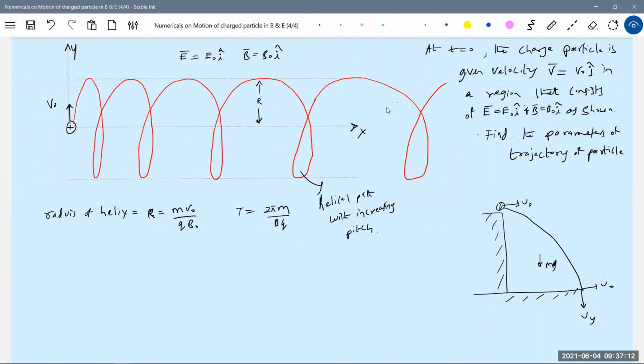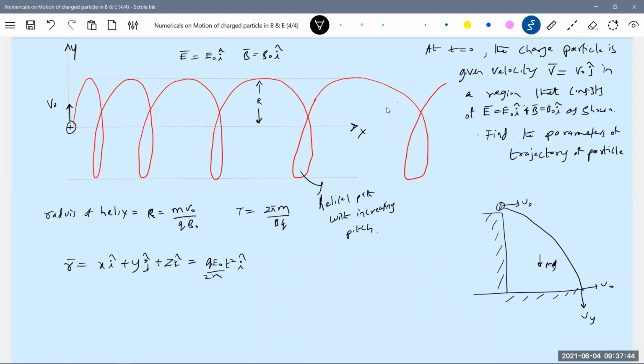Okay, let's do one thing. Let's calculate the position vector: x i cap plus y j cap plus z k cap. So what shall I write for x here now? Shall we write u cos theta t or something else? No, it should be q E naught by m t square i cap.